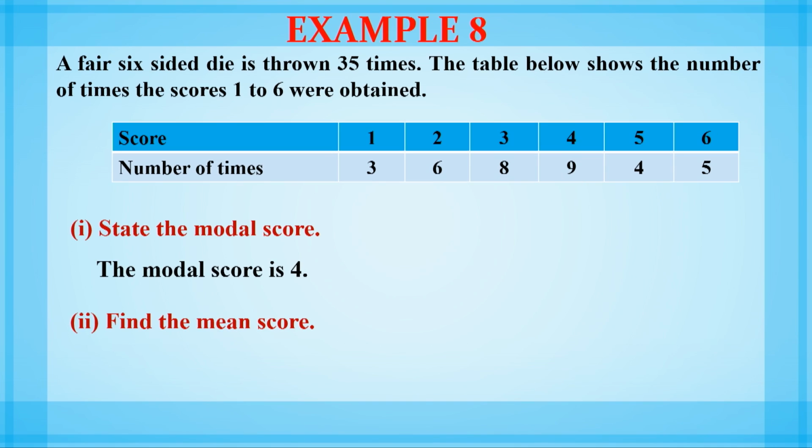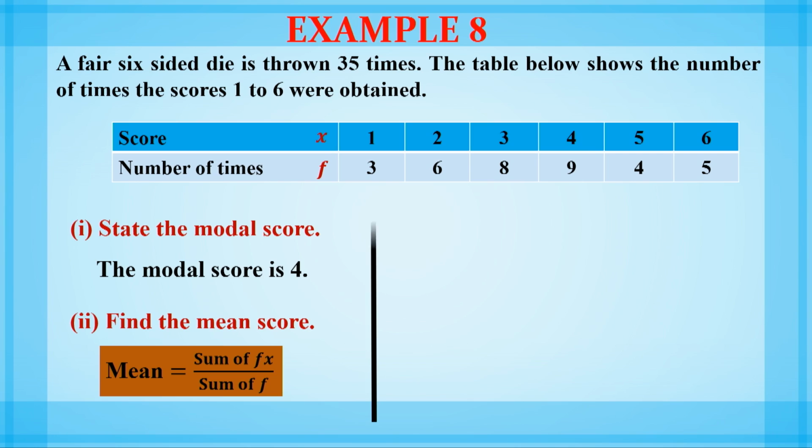Second part, find the mean score. Students, remember, in case you are finding the mean from a frequency table, then you can use mean is equal to sum of fx divided by sum of f. Here, the score is also referred to as the data x, and the number of times a score is obtained is taken as the frequency f.